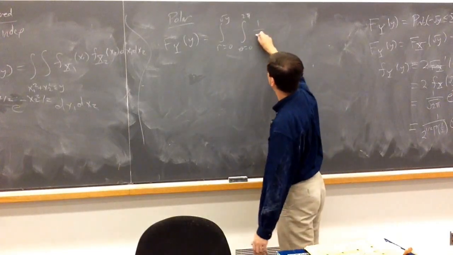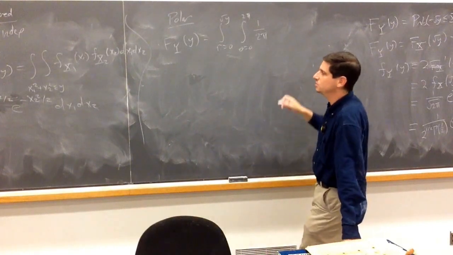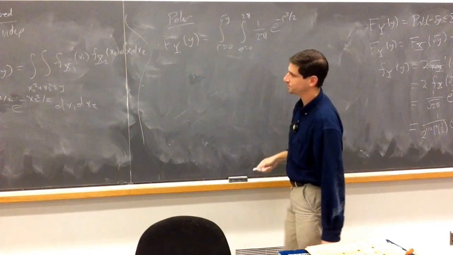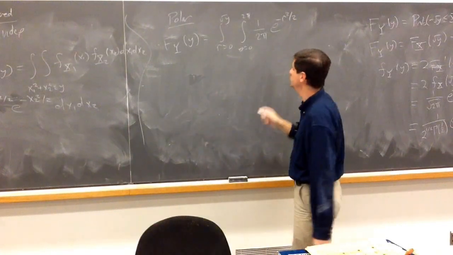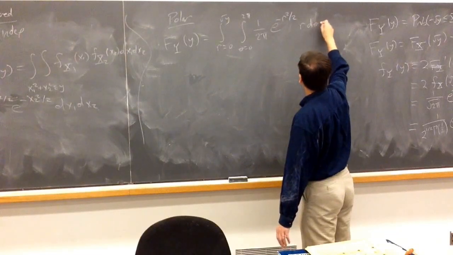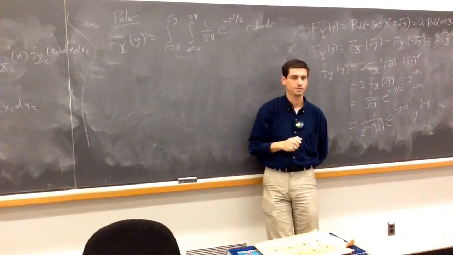So now our function is 1 over 2 pi. Now we have e to the negative x1 squared over 2, e to the negative x2 squared over 2. This is e to the negative r squared over 2. Then dx1 dx2 becomes r dr d theta. I have to write it like that because I've got my theta written first. Can you do the theta integration?